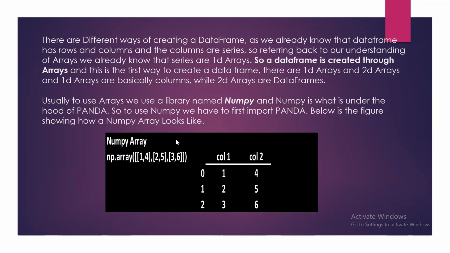And inside parentheses, we have to provide the values of rows inside square brackets, separated by commas. So this is the way in which we have to write a syntax in order to create a two-dimensional array in Pandas, to create a data frame. So this is the example.